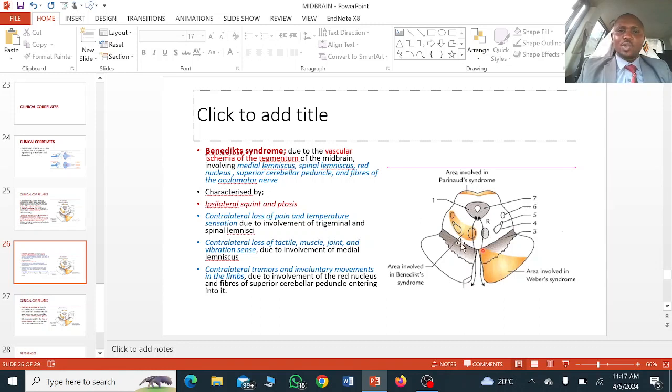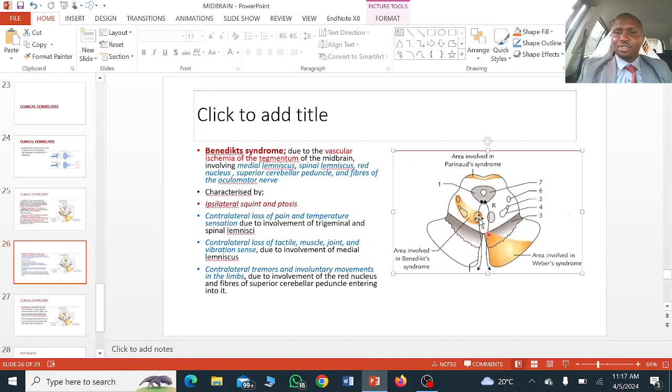It occurs when there is a vascular lesion or vascular ischemia in the tegmentum over here, and it is involving the medial lemniscus, the spinal lemniscus, the red nucleus, the superior cerebellar peduncle, and fibers of the oculomotor nerve as they pass through the red nucleus over here. You can see the fibers of the oculomotor nerve passing over here.